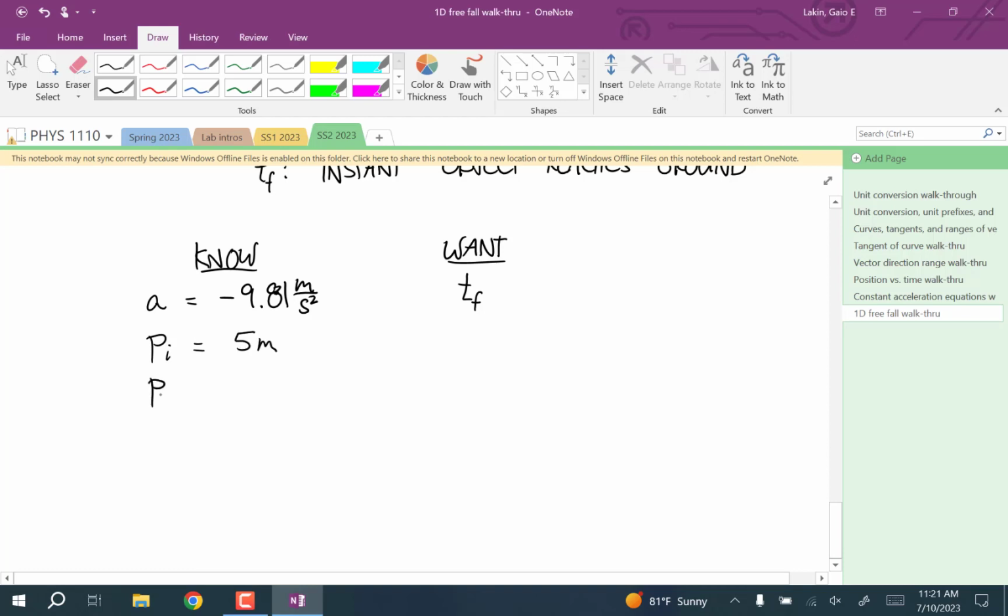Position final, this time we know going into it because it's at ground level and our 0 position is on the ground. So this is 0. Our initial velocity is 8 meters per second, and we don't know our final velocity. We're going to want to calculate that in part D.